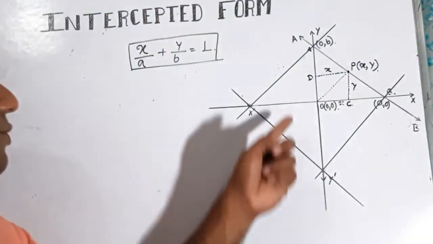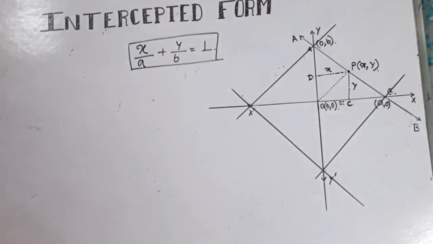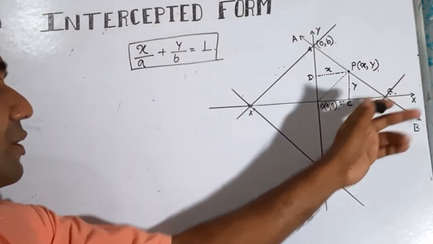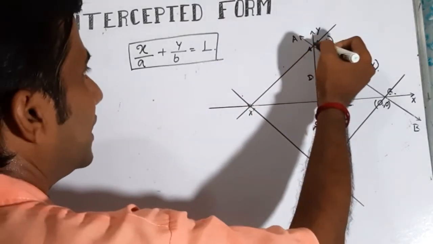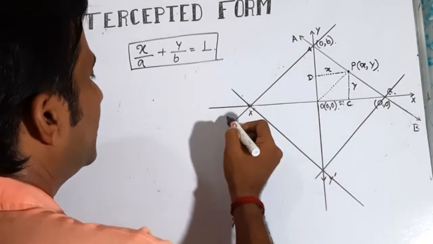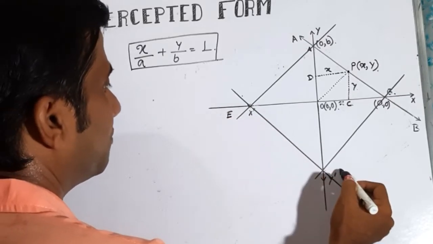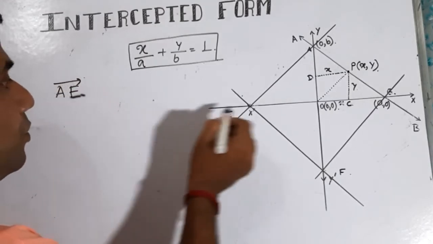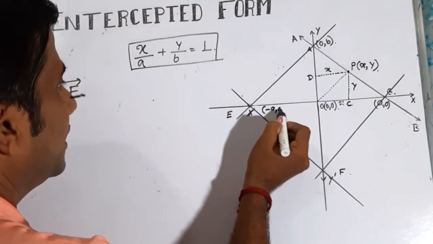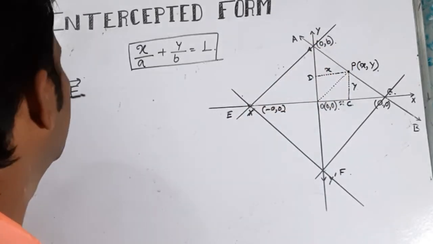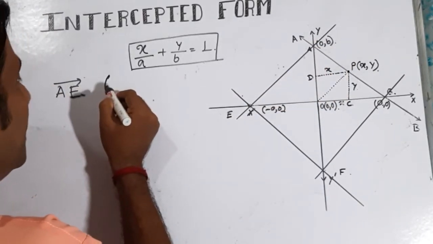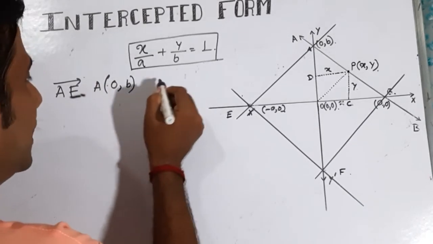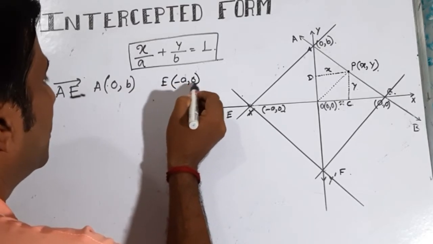Now you can see from this figure that there are four straight lines. The line AE cuts the x-axis at E (minus a, 0) and the y-axis at A (0, b).